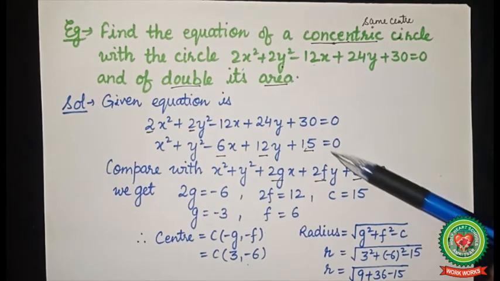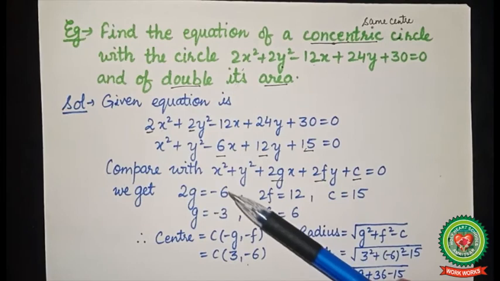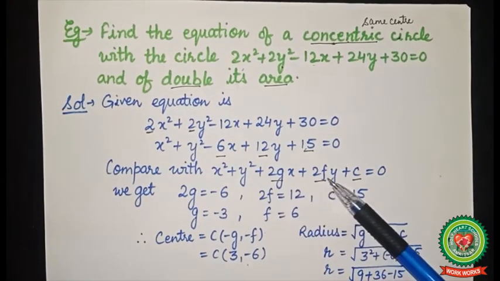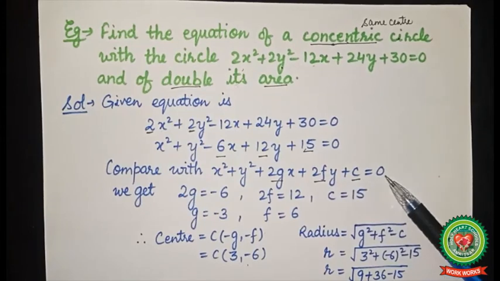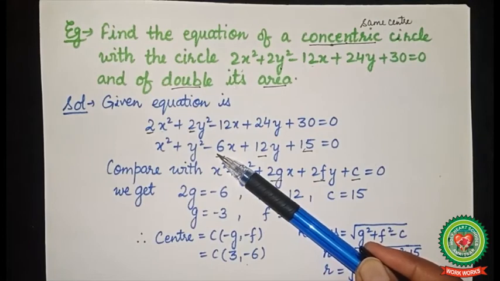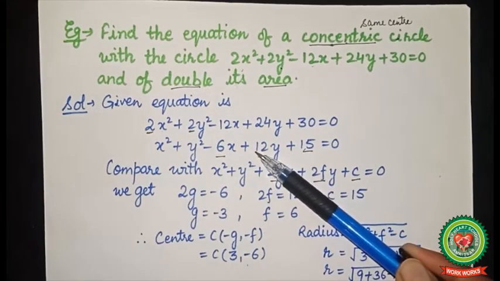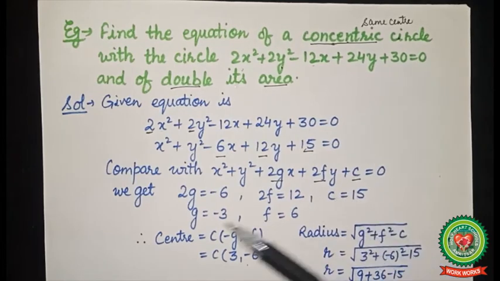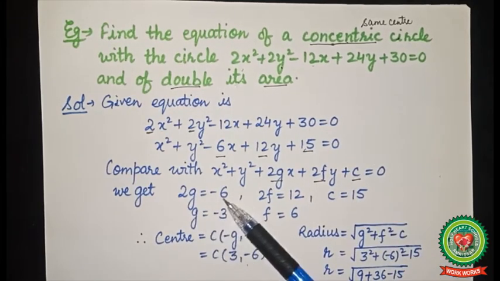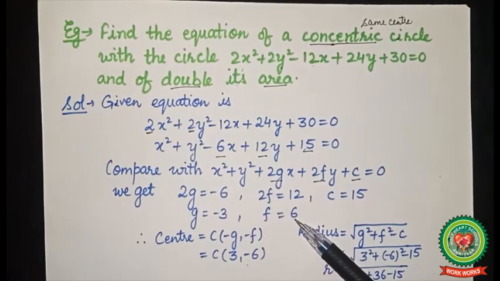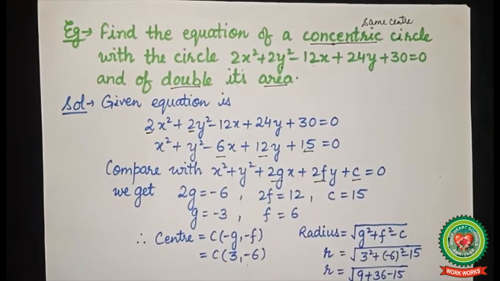So on comparing with the general form, that is x square plus y square plus 2gx plus 2fy plus c is equal to 0, we get 2g is equal to minus 6, 2f is equal to 12 and c is equal to 15. Now from here, when you shift 2, we will get g is equal to minus 3, f is equal to 6 and c is 15.